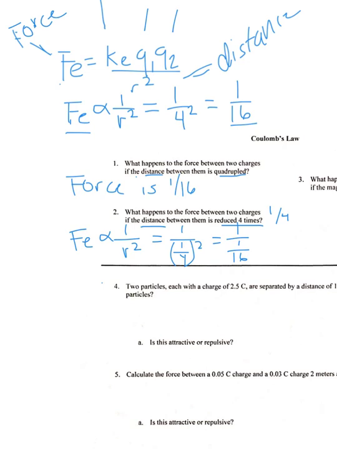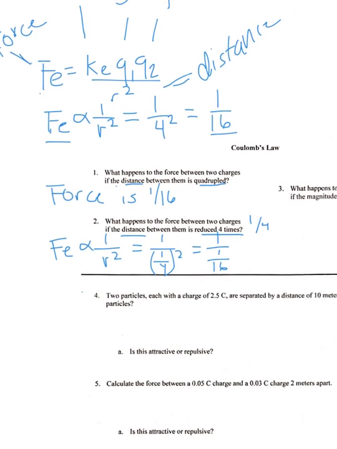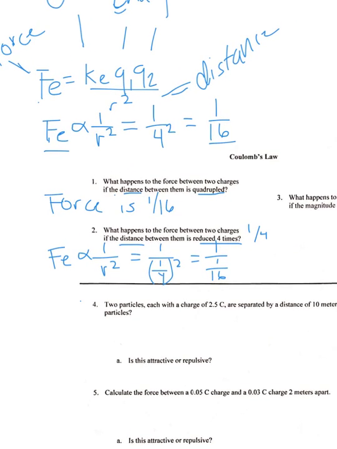And then we have 1 divided by 1/16. Okay, so we have to get the fraction out of the bottom. In order for us to do that, we have to multiply by the reciprocal on the top and the bottom. So we're going to have 16 over 1 multiplied on the bottom, and 16 over 1 on the top. On the bottom, the 1/16 times 16 over 1 cancels out.